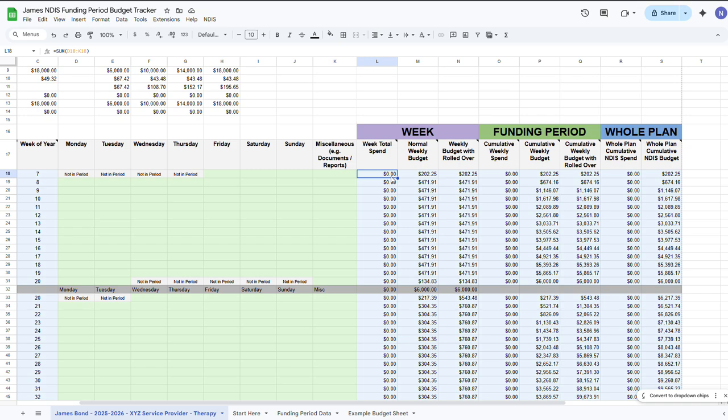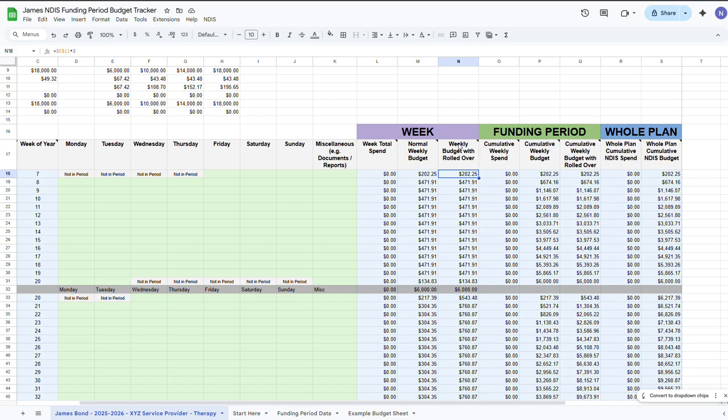You'll see that in the first week, the budget is a lot lower than the subsequent weeks, because there's only 3 days of the week, Friday, Saturday, and Sunday. So it's calculating the budget on a daily basis and then calculating how many days of the week there are to get that weekly budget for you. It then gives you the weekly budget with any rolled over amount which is unspent from past periods.